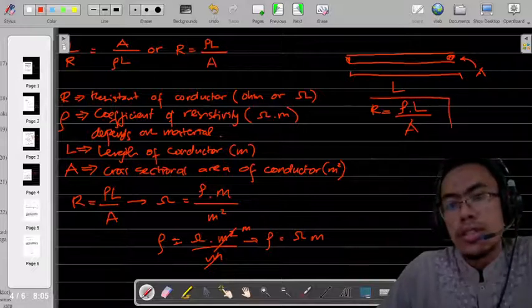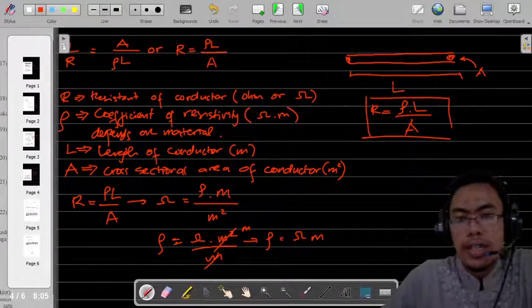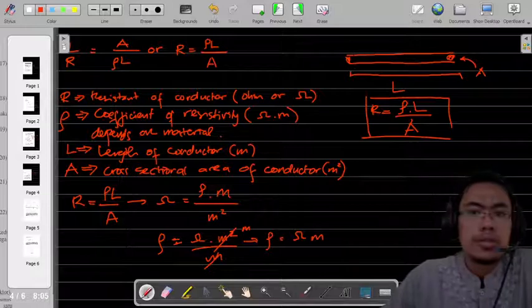So this formula can be used to find the resistivity of certain material, or certain conductor.